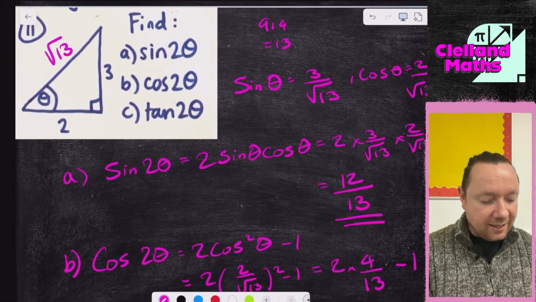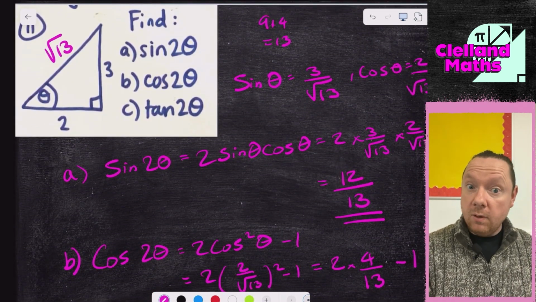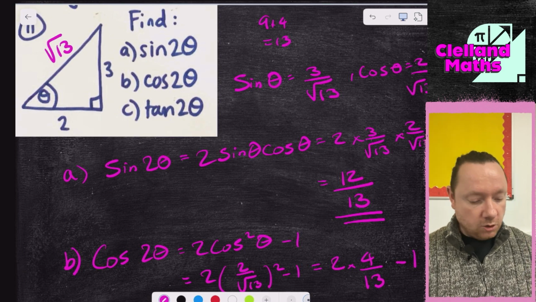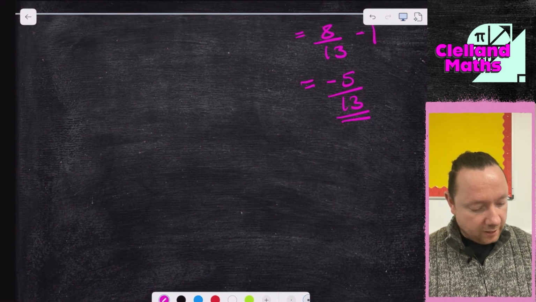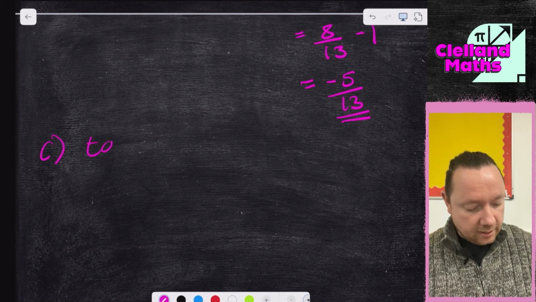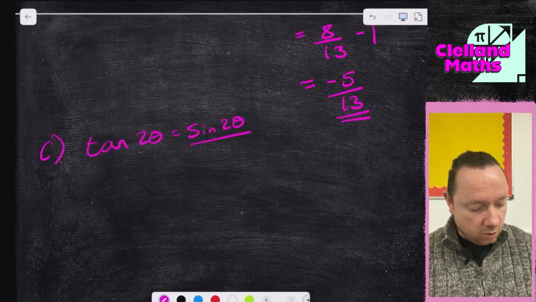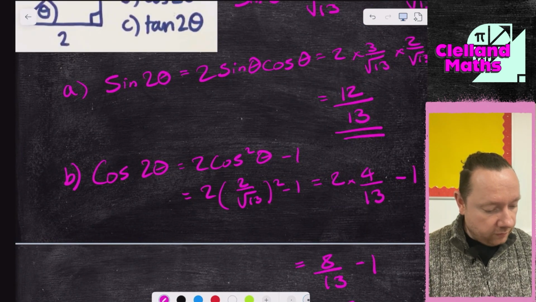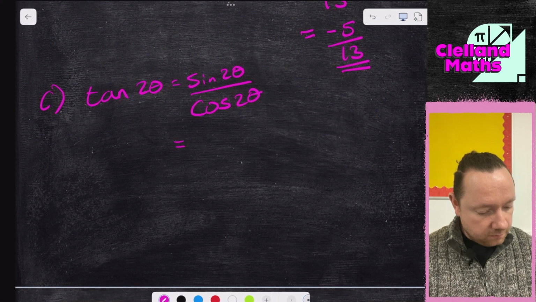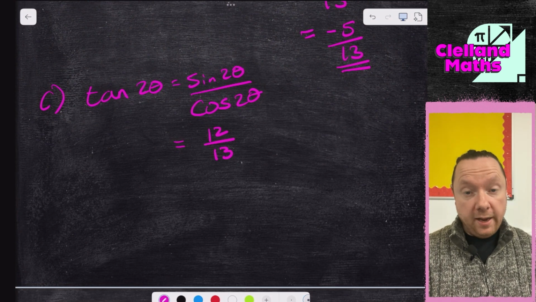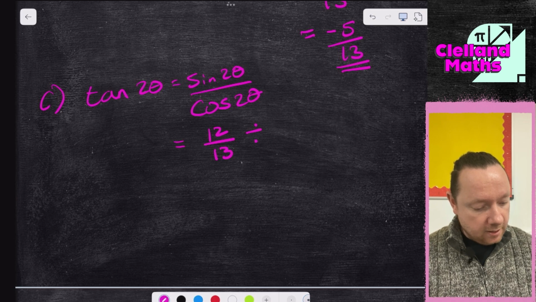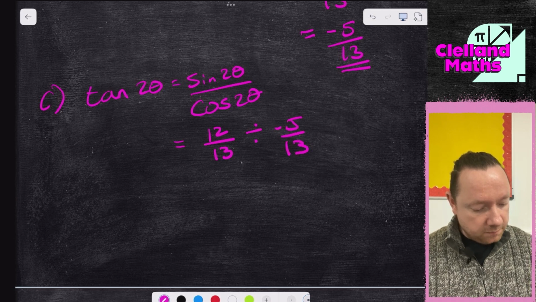Well, we've not got a trig identity for part C, tan 2 theta, but we do, because tan is sine divided by cos. So tan 2 theta must be sine 2 theta divided by cos 2 theta. So that's all you're doing for part C. Sine 2 theta is 12 thirteenths, divided by minus 5 thirteenths.